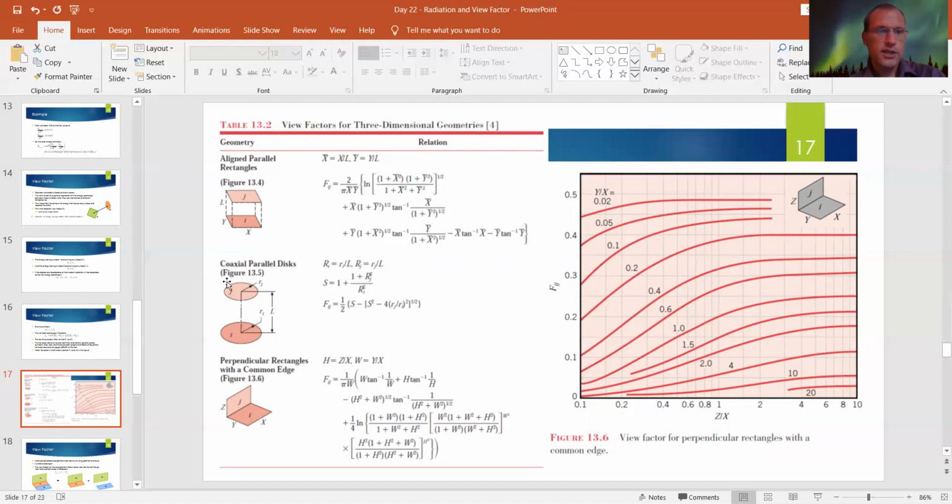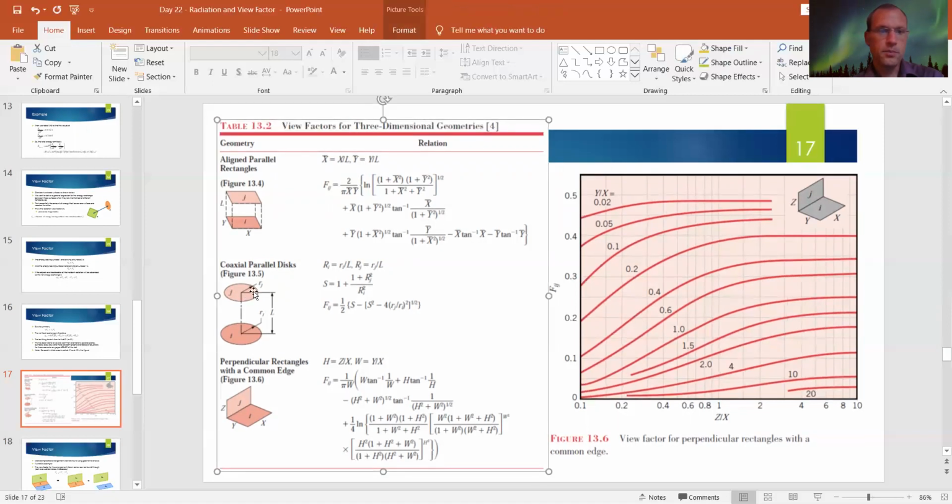Same thing for parallel disks. So Ri and Rj, these two should possibly have different radii. If they have the same area, then obviously it doesn't matter which one's which. But if one's smaller than the other, then if this one's kind of small, more of his radiation is going to be hitting this one than the other way around, because think of energy coming off the surface.